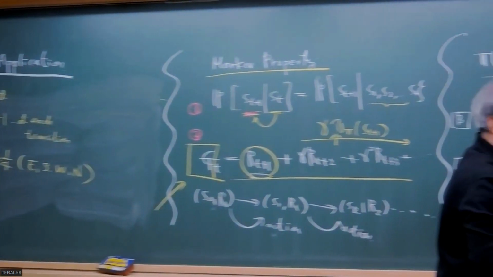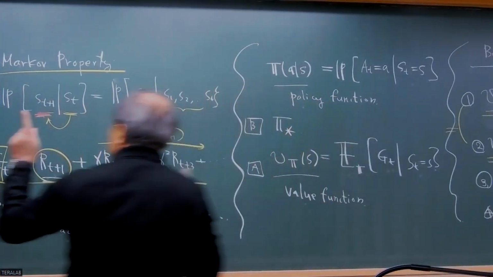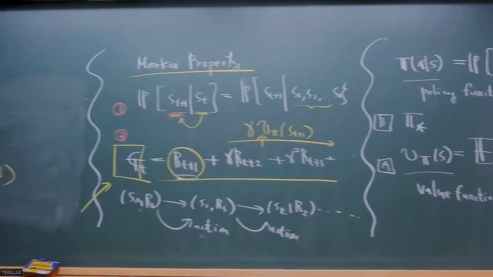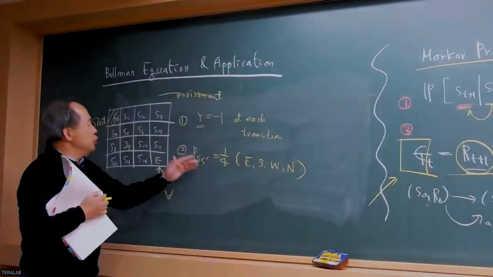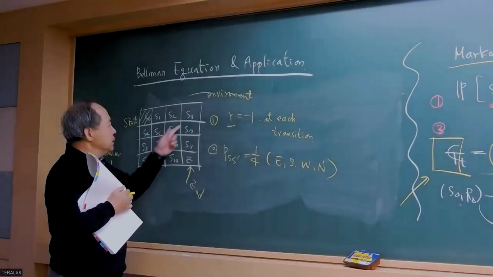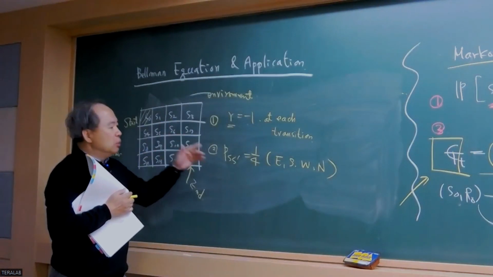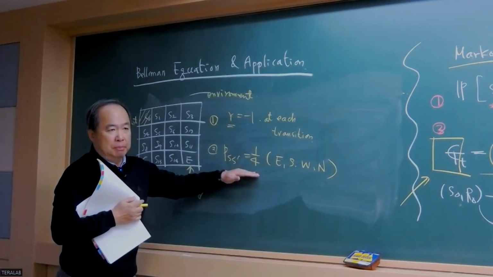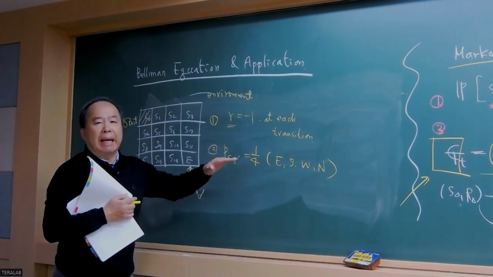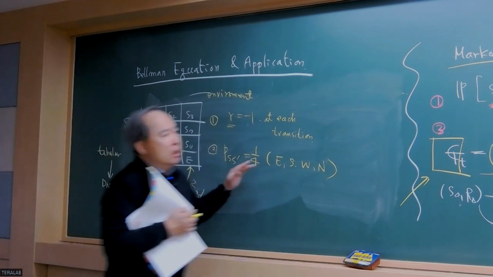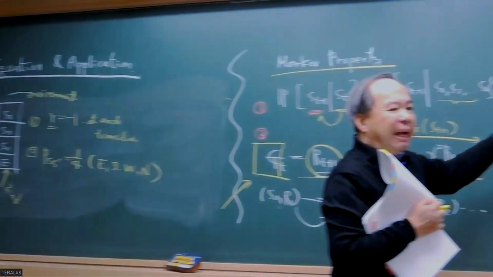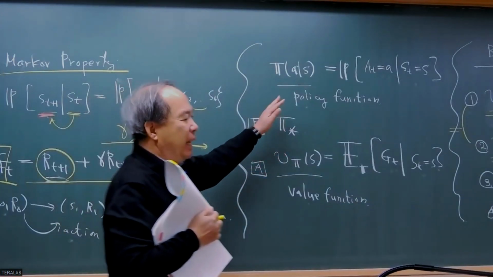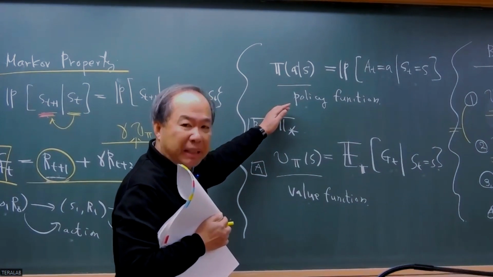In many cases, we don't know the probability. But in this case, for simplicity of understanding reinforcement learning, we are assuming that the transition probability of each movement will be 25%. Uniform action distribution. That is the current policy. But after training later on, we will change this policy to make the best decision.